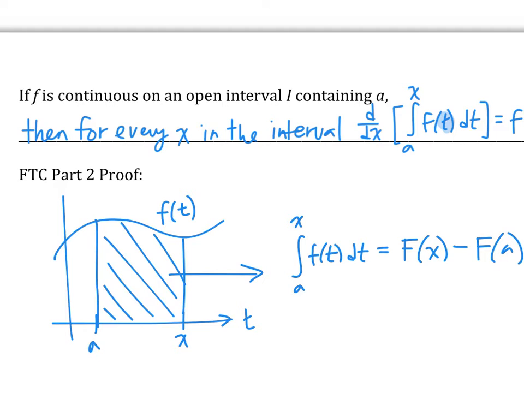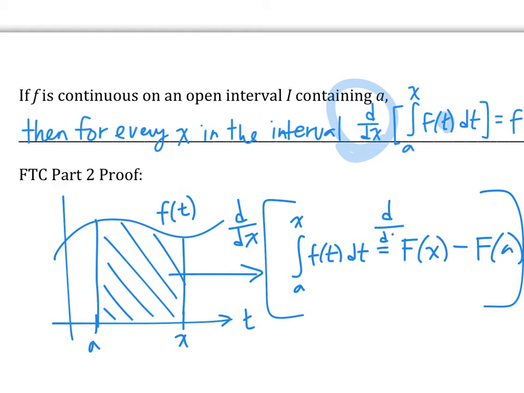Now I'm going to take the derivative of this whole thing with respect to x. Are you guys with me? Basically this first part becomes little f of x. The second part is a constant, so it goes away.